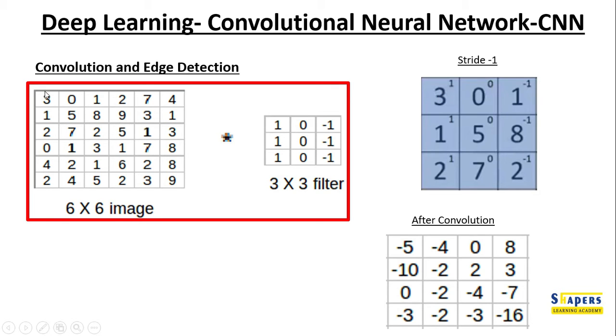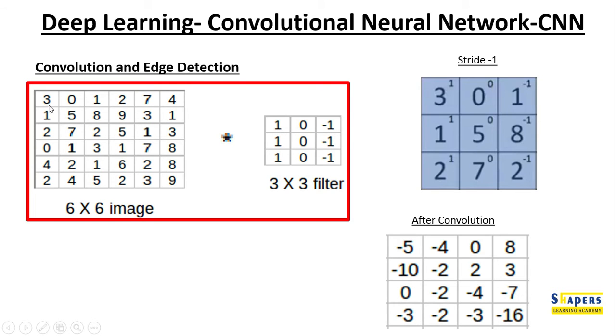Coming again, we have a matrix 6 cross 6, which is nothing but our input raw image. We have a kernel filter, 3 cross 3, of values as such. There are multiple filters, and this filter has these values.